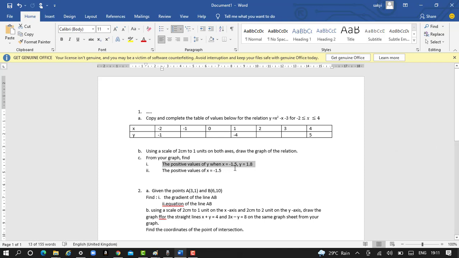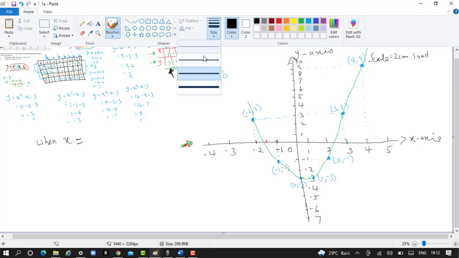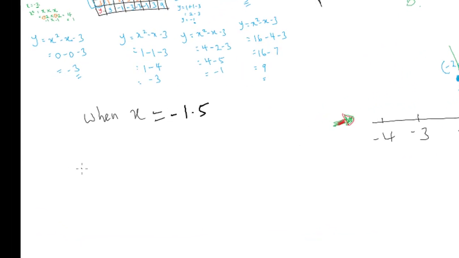-1.5, and also we're supposed to find our x when y is 1.8. So when our x equals -1.5, this is what is going to happen.